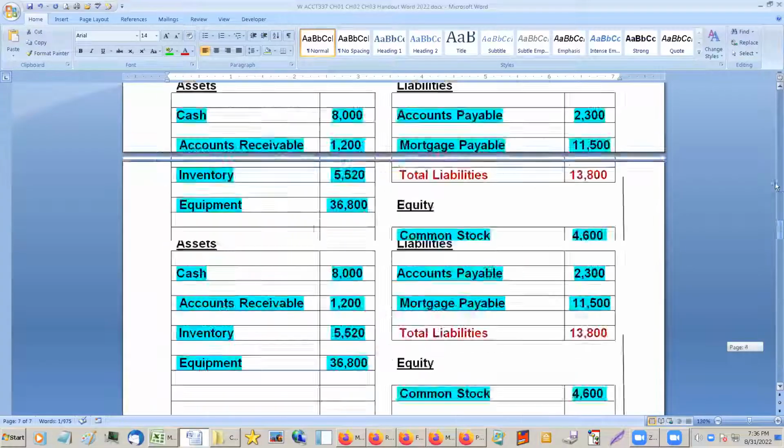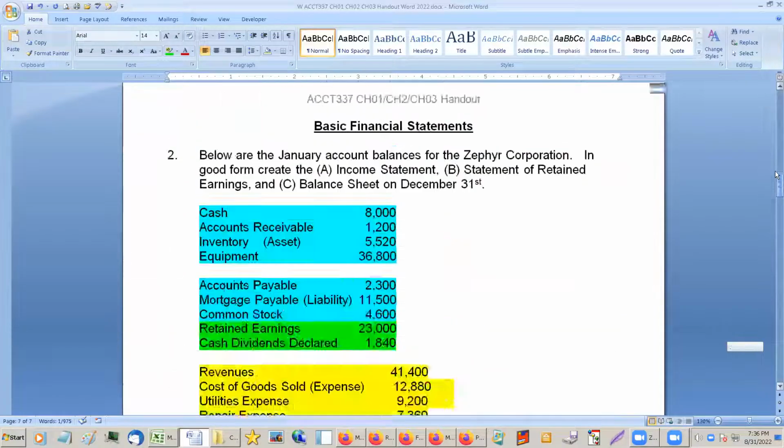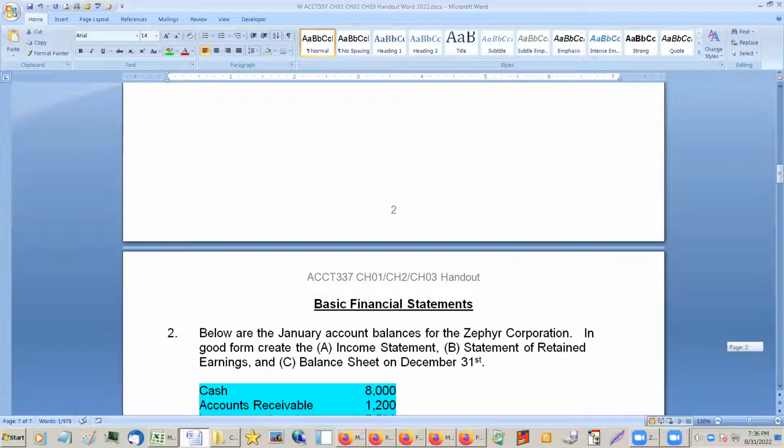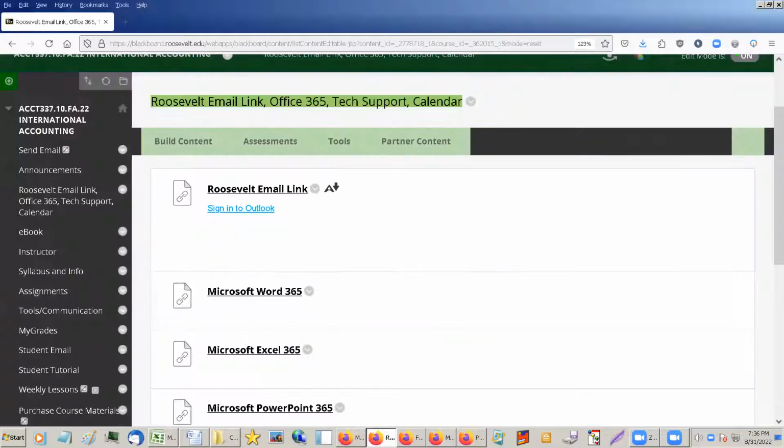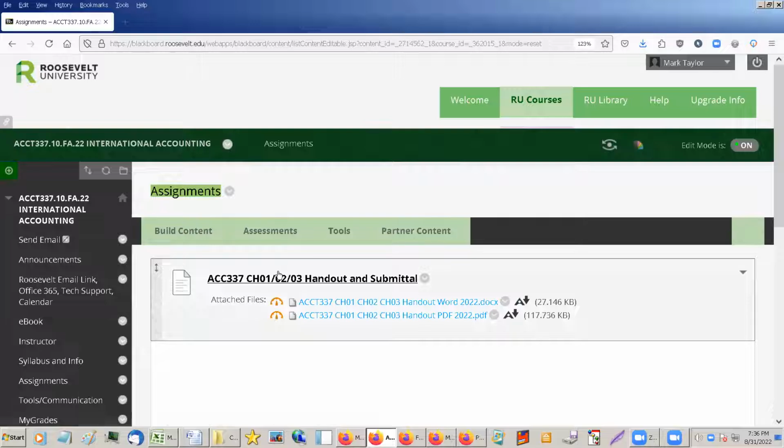Okay, so here's what we're going to do. You have the financial statements done. Sorry, you're not seeing my screen. Let's try that again. So this is done. You should have this done. And whether you did it on paper or on the handout itself, under assignments, you can go and submit it.